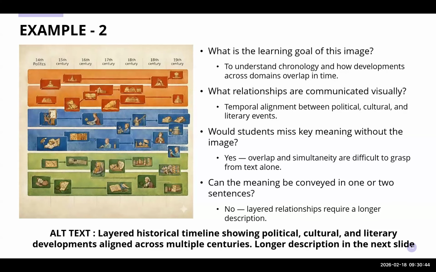Now let's look at a completely different kind of image, that is a layered historical timeline. As faculty, you know how important it is for students to see the big picture of how different movements overlap in a history or literature course. Your learning goal might be to show how a political revolution happened at the exact same time a specific literary movement was flourishing.